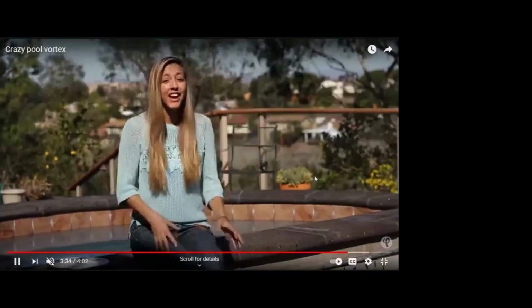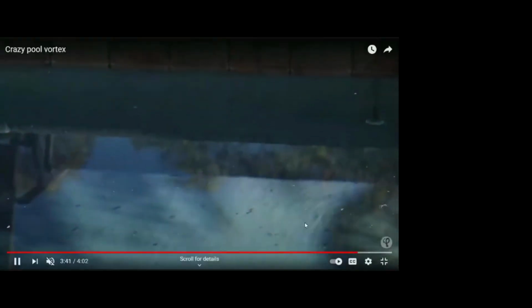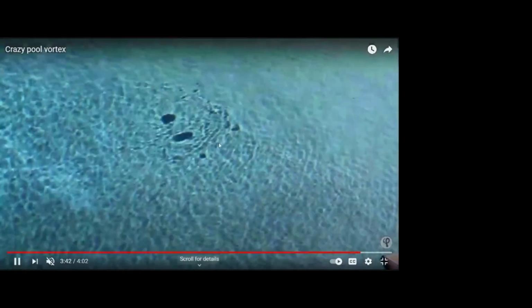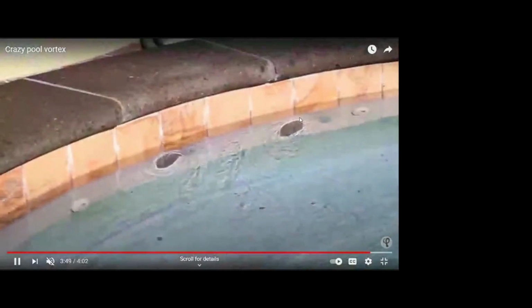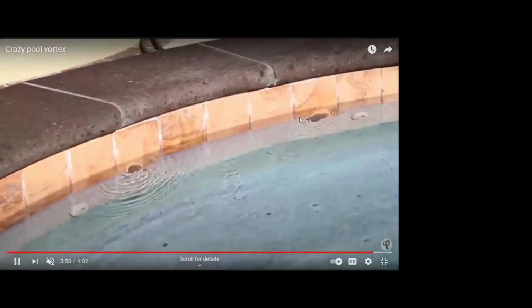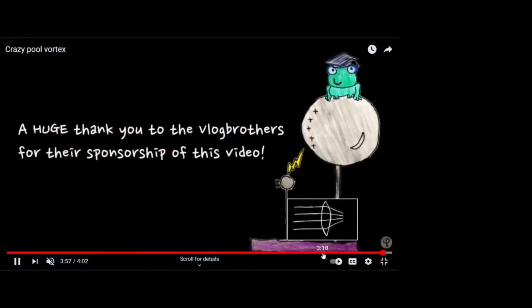This is like a shadowgraph technique using any light source. Here they have taken the sun as a light source. We can see the flow pattern. The light is deflected due to the vortex.